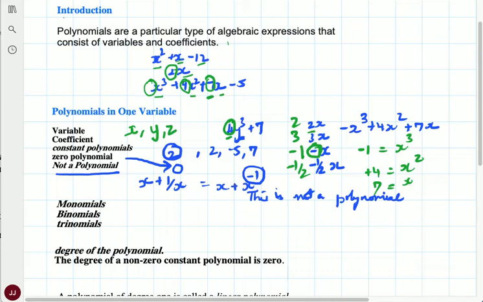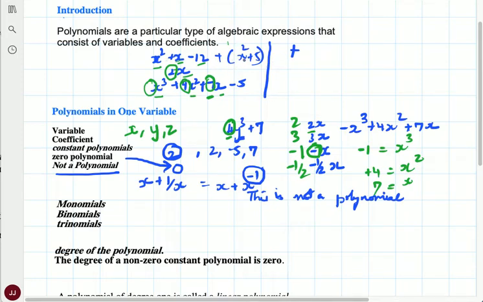One more thing we can talk about with polynomials is that we can do the basic arithmetic operations. That means you can add one polynomial to another, adding the similar terms.